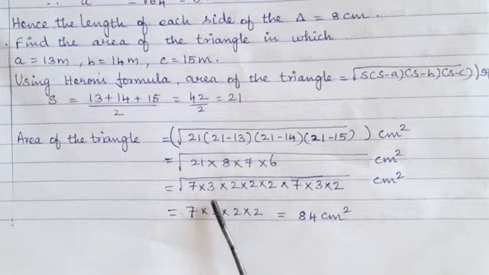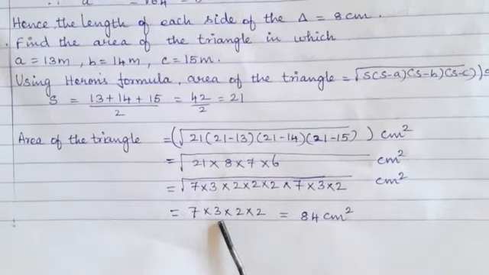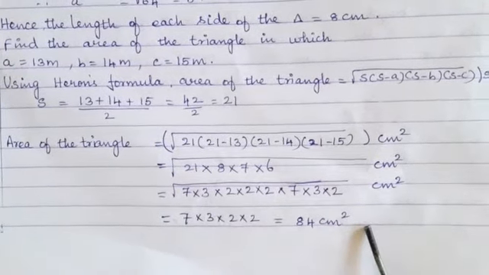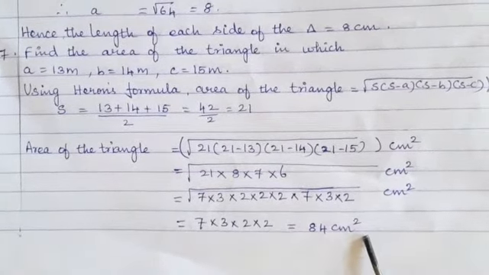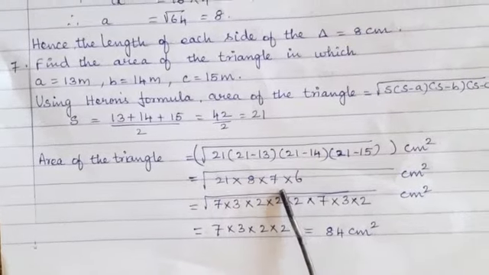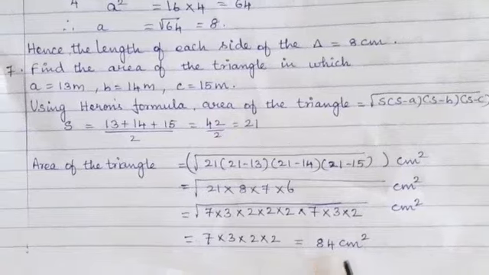Then out of 2 prime factors, you take one outside, that is 7 into 3 into 2 into 2, that is equal to 84 centimeter square. So the area of the triangle is equal to 84 centimeter square. If you don't know how to split this, you can multiply all the numbers together, then find the prime factorization, and you will get the same answer.